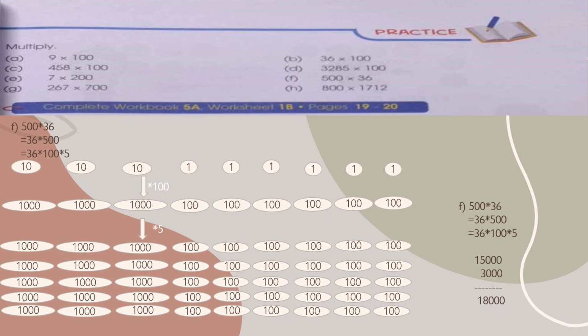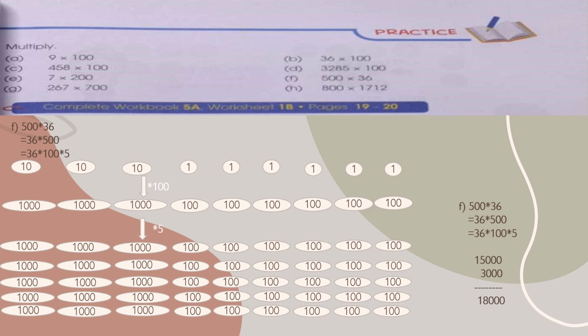In part F, we have 500 multiplied by 36, or we can write it as 36 multiplied by 500, and further breaking down 500 into 100 into 5, we have 36 multiplied by 100, and then the resultant is going to multiply by 5.